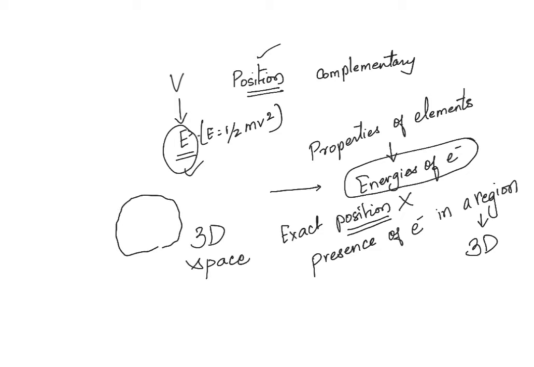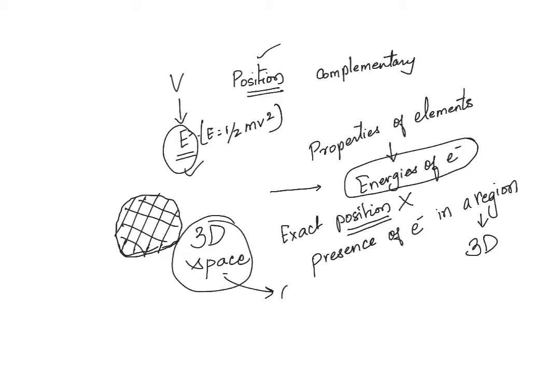As long as we know the probability of finding the electron in this three-dimensional space is very high, or electron is most probably present in a certain three-dimensional position, that's good enough for us. And this 3D space is referred to as orbital.